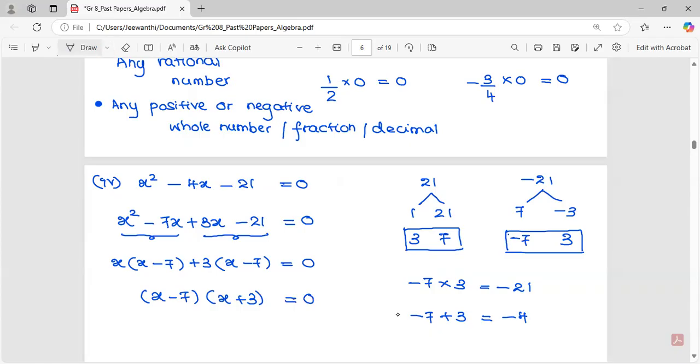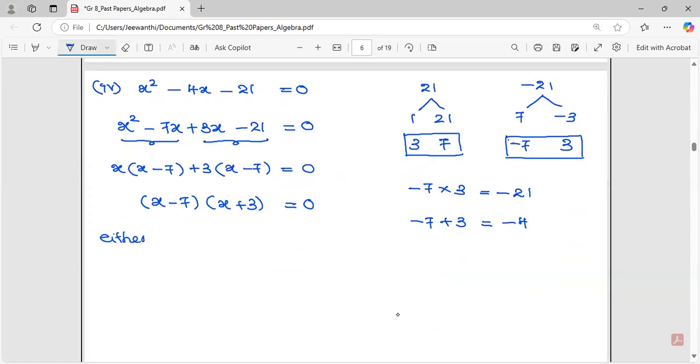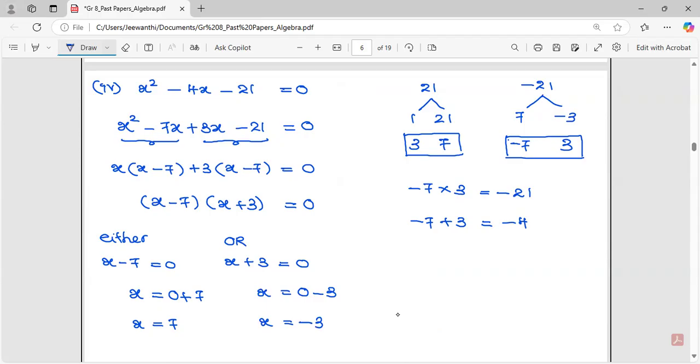If two bracket components multiply to 0, I know either the first component, x minus 7, should be equal to 0, or x plus 3 should be equal to 0. So then here I have x equal to 0 plus 7, and x is equal to 7. So then here x is equal to 0 minus 3, and x is equal to minus 3, right?